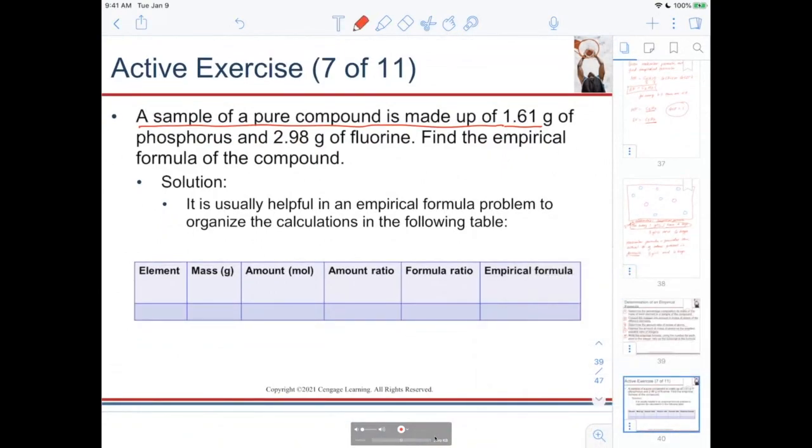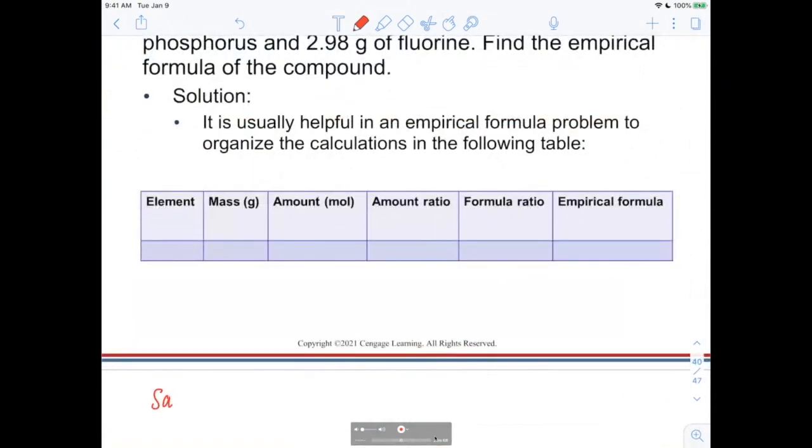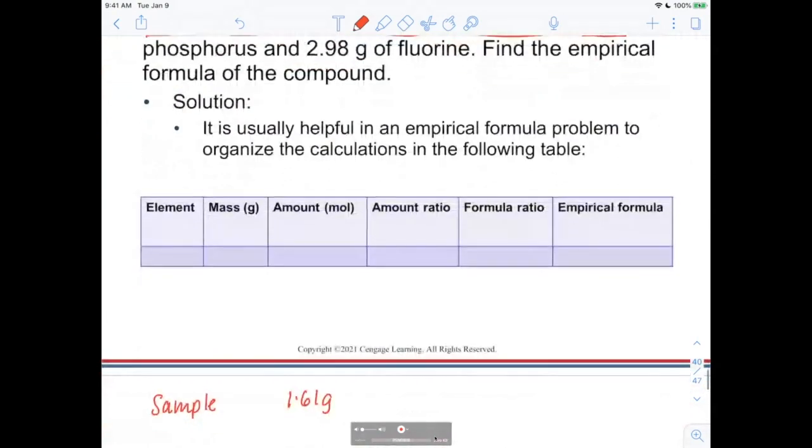Okay, we have a sample, and the sample is 1.61 grams of phosphorus, and 2.98 grams of fluorine. Find the empirical formula of the compound.